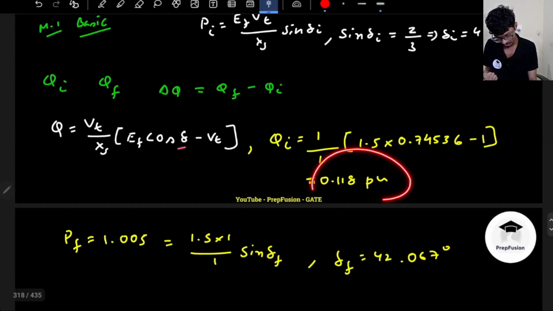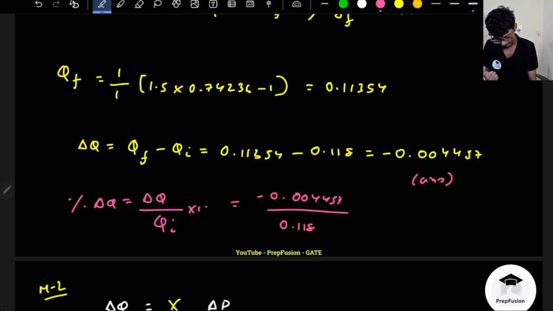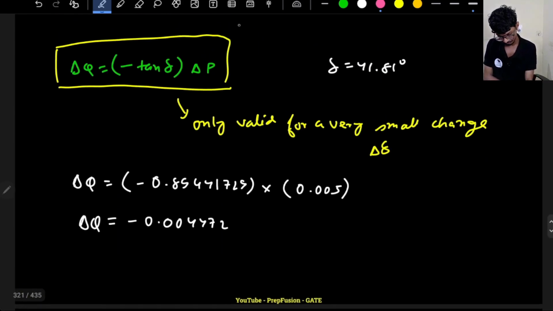Initial value is this much, 0.118, into 100 percent. So here it comes out to be minus 3.79%.